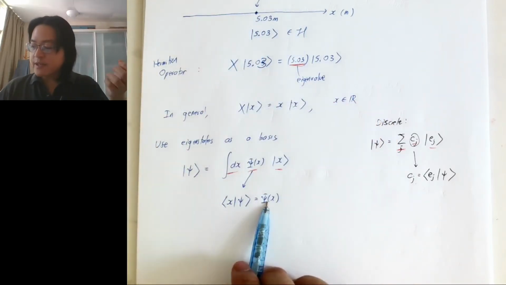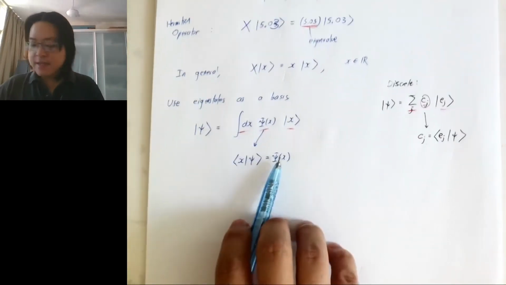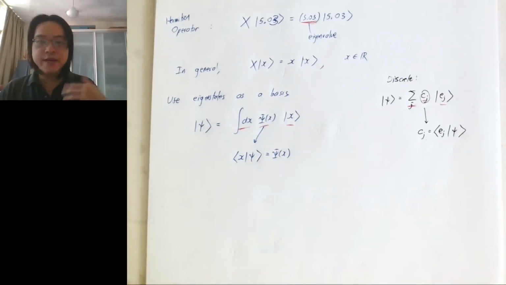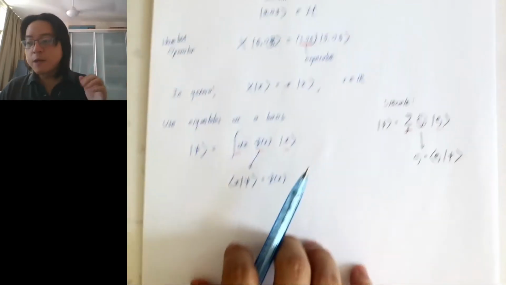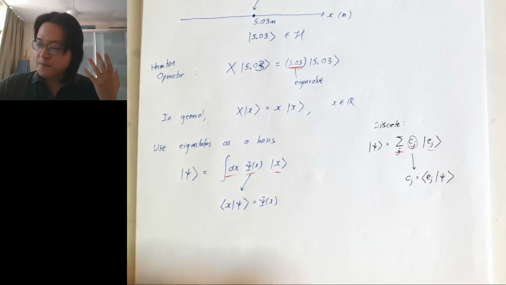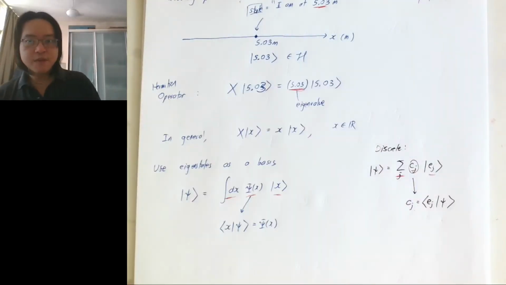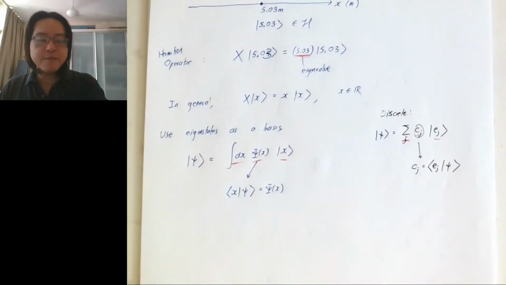If it's 4, then the function at 4 will give you some other value. Hopefully it's not too complicated. It's basically what we are trying to do when we represent the position of a particle using the Hilbert space. This is a bit of a recap of what we did in the previous class.